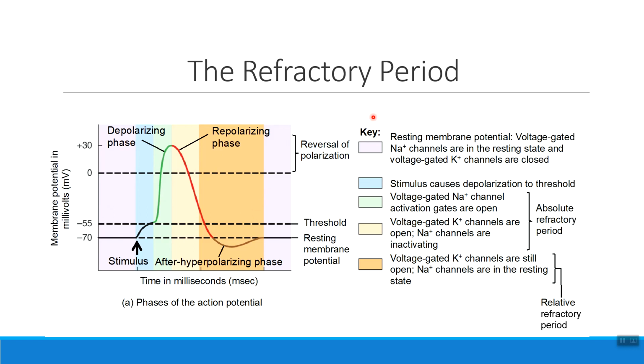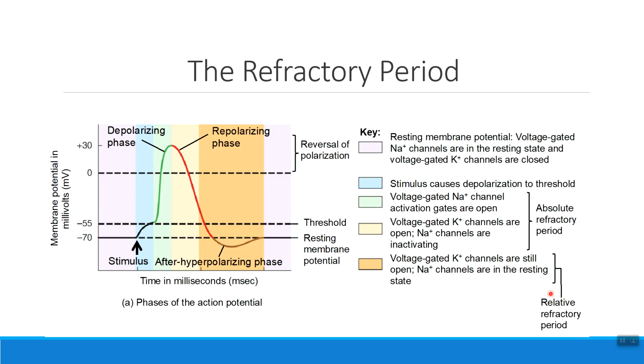So the refractory period of a neuron, overall, is the period of time where either a neuron absolutely cannot hear another message, or it's a period of time where if it's a strong message, I might hear it. The absolute refractory period is a problem with my voltage-gated sodium channels.